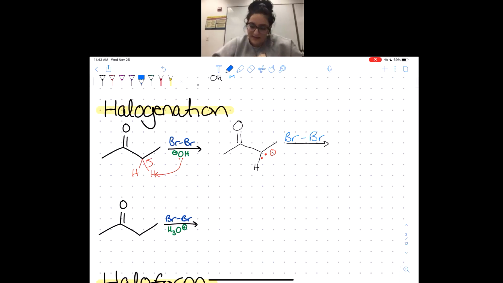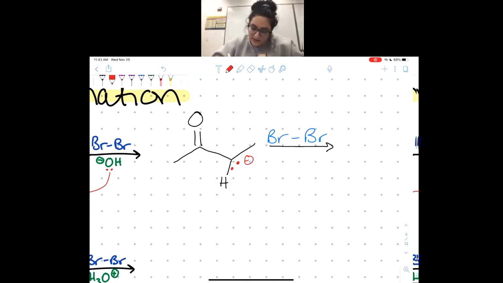C minus attacks the bromine. So let's do that. Bam. So then what would have to happen to this bond? It would have to break. Cool. So let's give those electrons over here.